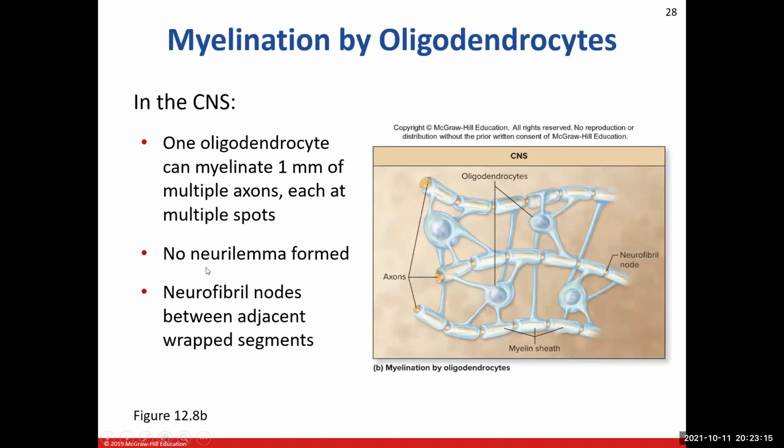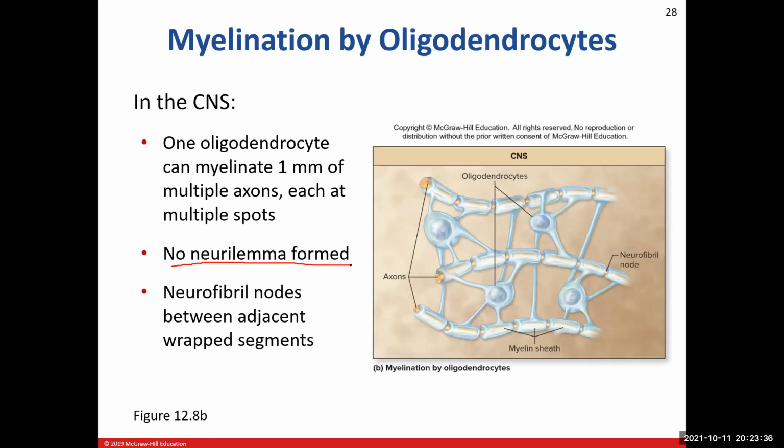Here's the thing, and this is important. The difference between the two, other than location, is that with the oligodendrocytes, you will not have a neurolemma forming, because the cell is not wrapping itself around the axon like the Schwann cell did.